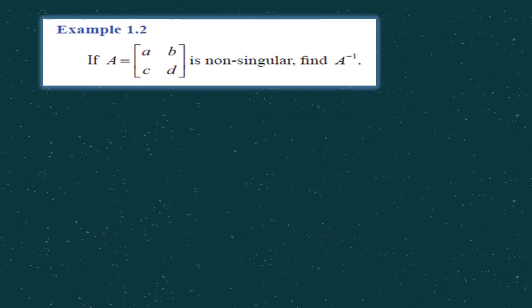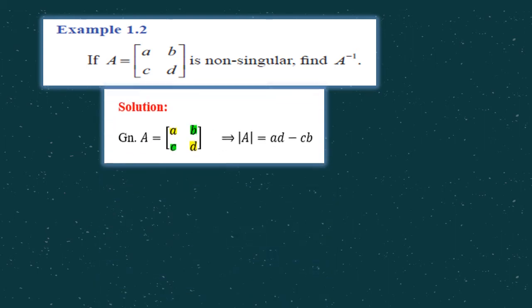Example 1.2. If capital A equal to ABCD is non-singular, find A inverse. So given a 2 by 2 matrix, and it is given that it is non-singular, we need to get the inverse of that matrix.